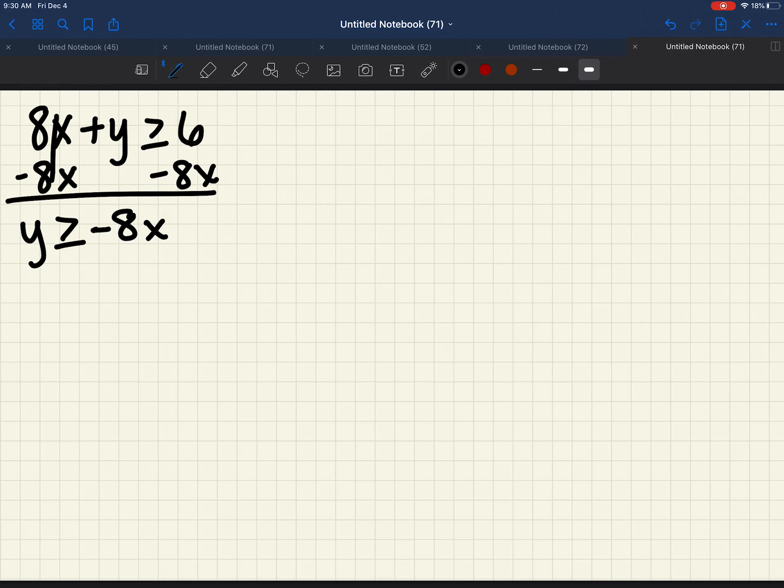Plus 6. What sign's in front of the 6? Right here. So it should be positive. The only reason it would be minus 6 is if this was a negative 6, right? Because you're not actually subtracting 8x from it, you're putting that negative 8x in the front. Okay?